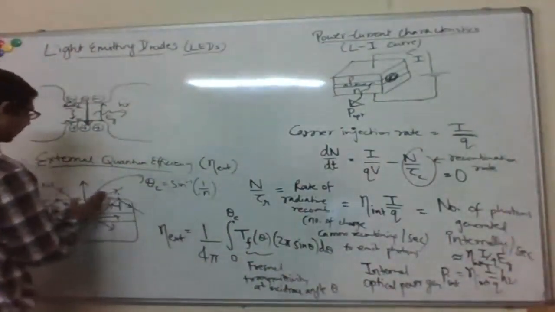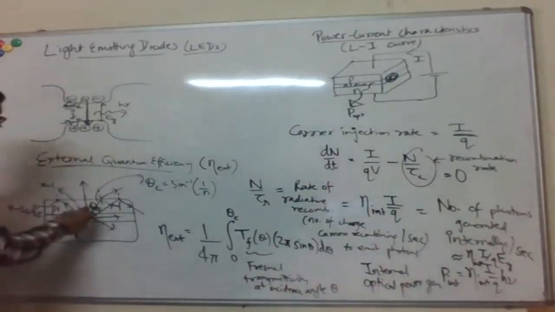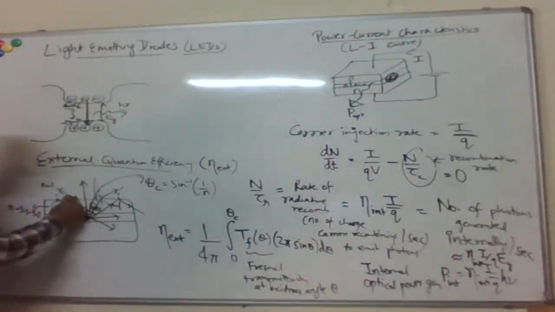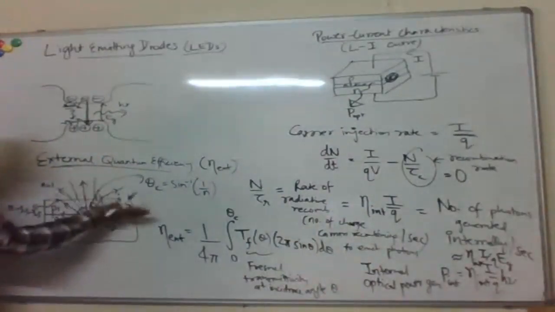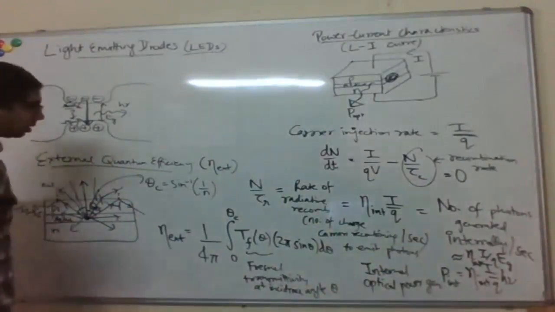n is 3.5, so this angle theta c is very small, as I said, typically like 10 degrees or something. So basically, close to normal rays are coming out, and all the rest of the rays are not coming out. So the angle of incidence is quite close to normal. Okay.